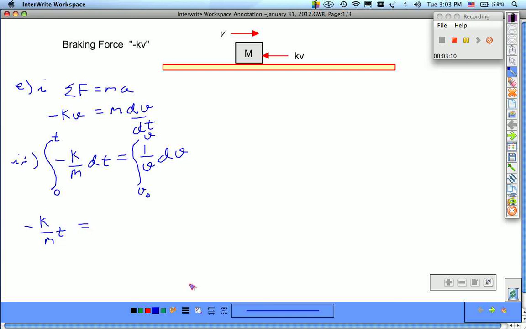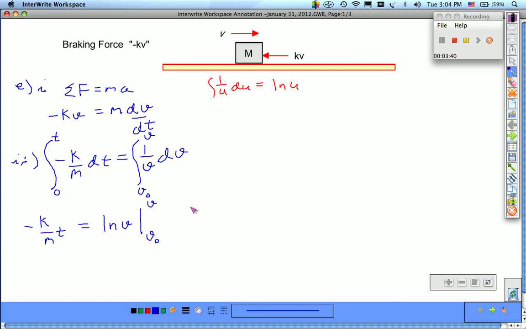Now, the other side, the integral of 1 over v dv, and I'll write it up here as a special integral. The integral of 1 over u du is equal to the natural log of u. So we're going to follow that algorithm. The integral of 1 over v dv is the natural log of v, evaluated from v naught to v.